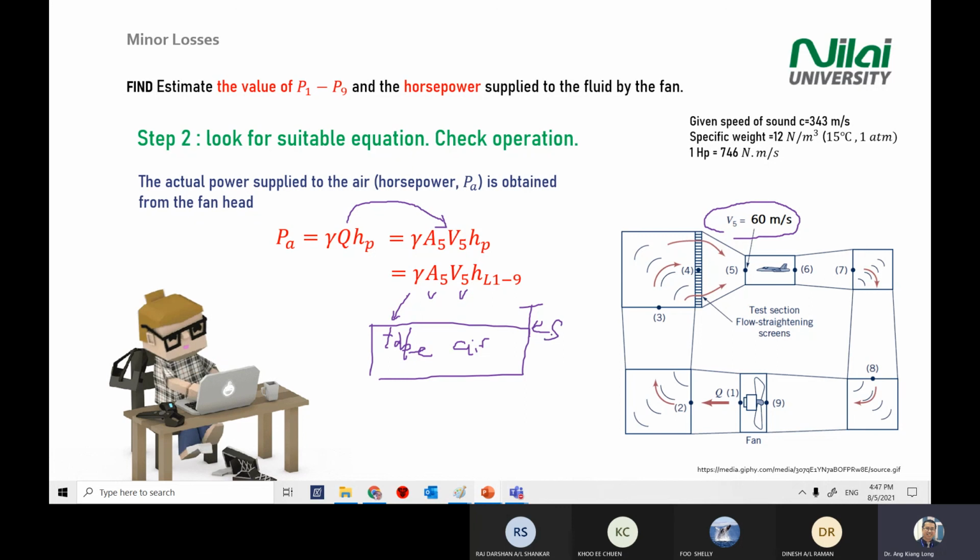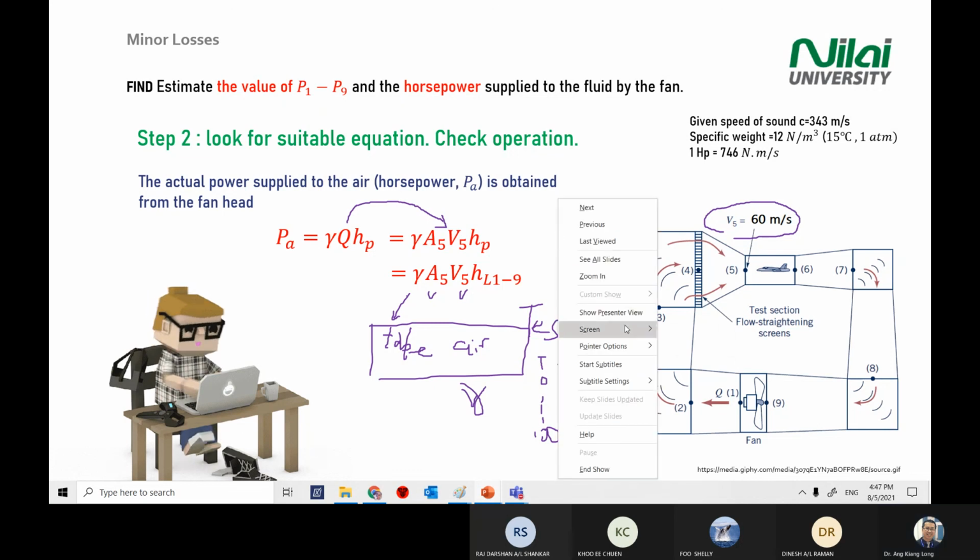If you still have the Test 1 paper, just behind the question there are lots of reference tables. There's a table for air with temperature and all the parameters from 0 to 100 degrees C. One of them is your specific weight.